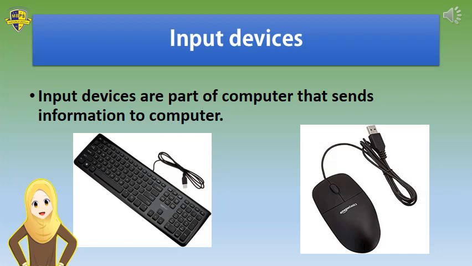If we use the mouse, we move it with the help of our hand, and we can see the pointer moving on the screen. So our mouse is sending a signal to the computer to move the pointer on the screen. And now the keyboard.